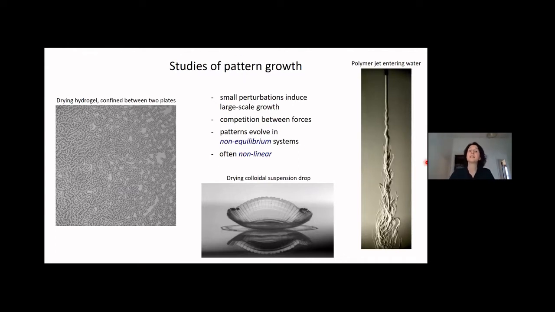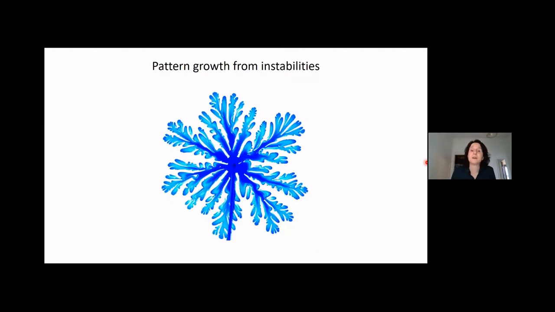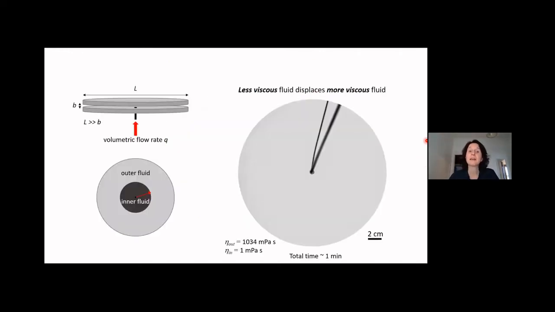The story really starts with patterns from fluid instabilities. I thought I'd simply start by showing you an experiment where we inject, at a controlled volumetric flow rate, two fluids of different viscosities into the thin gap of a Hele-Shaw cell through a hole in the center of one of the plates.